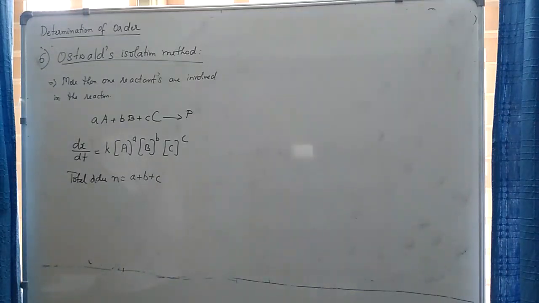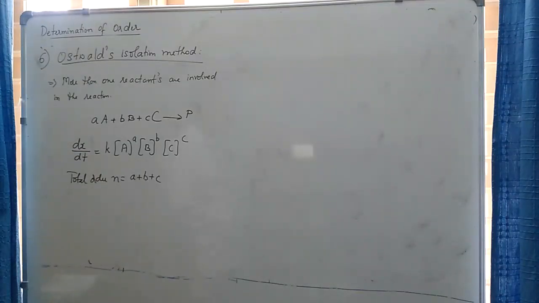First let us try to understand what is exactly the order of a reaction. Order of a reaction tells us how the rate of the reaction depends on the concentration of the reactant. So if, for example, a reaction is first order with respect to A and another reaction is second order with respect to A, what do you understand from this information?